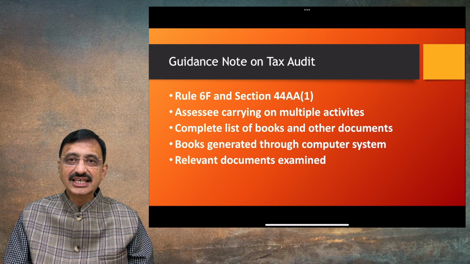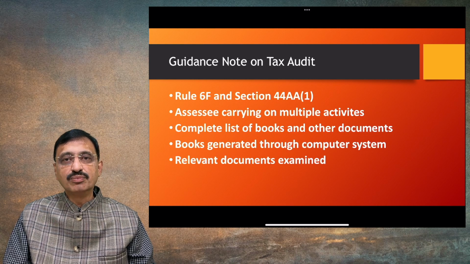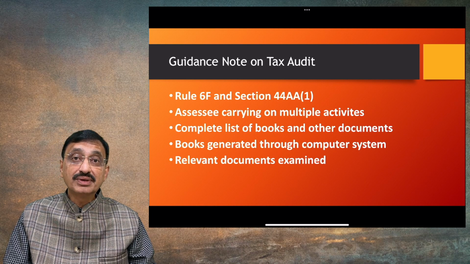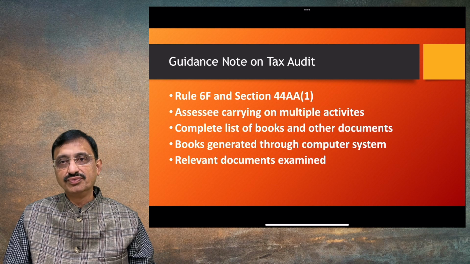Books of accounts examined would constitute the books of original entry and the books of account. In addition to the books of accounts examined, the auditor is required to mention the nature of relevant documents examined also.